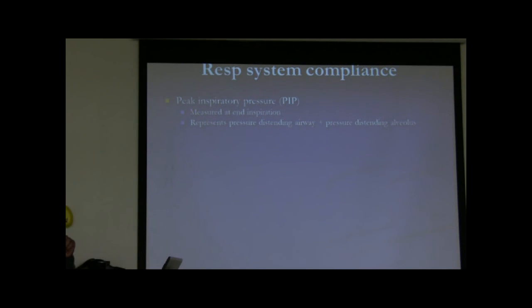The breath is being pushed in by the ventilator, and that sends the pressure up, usually in a straight line, depending on what the flow rate is, but assuming it's pretty steep. Then it gets to a certain point where either the breath is finished, or the maximum pressure is reached, because you have the resistance of the airway as well as the alveolus, which leads to a maximum pressure. That pressure is called the PIP, the peak inspiratory pressure.